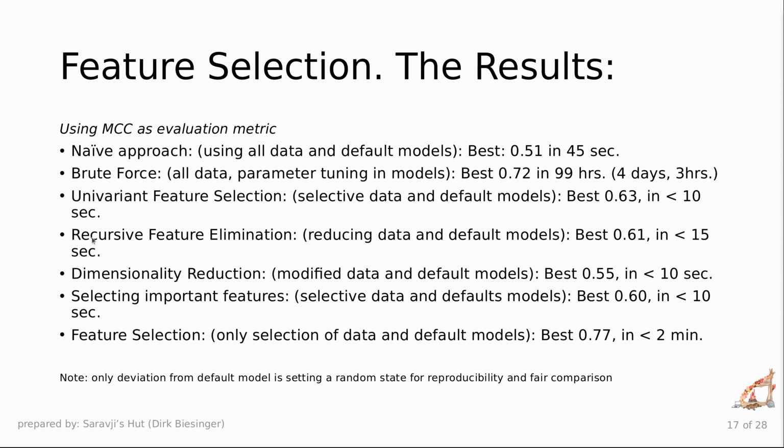Next, we tried out recursive feature elimination. We're reducing the data until we can't reduce it anymore without affecting the performance, using default models for that. We ended up at an MCC of 0.61 and a runtime of about 15 seconds.